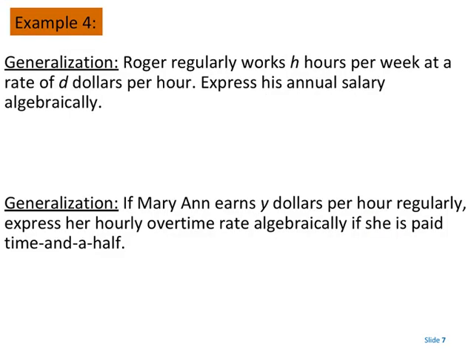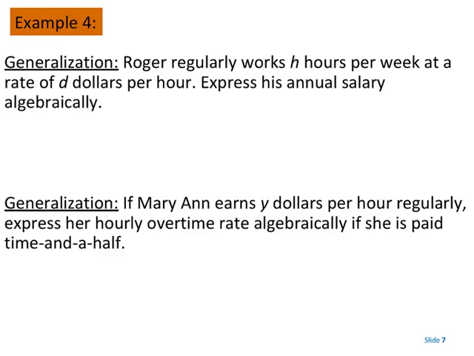Now we're going to go to our next example. We just want to generalize these values here. Roger regularly works H hours per week at a rate of D dollars per hour. We're going to express his salary generally as an algebraic expression.